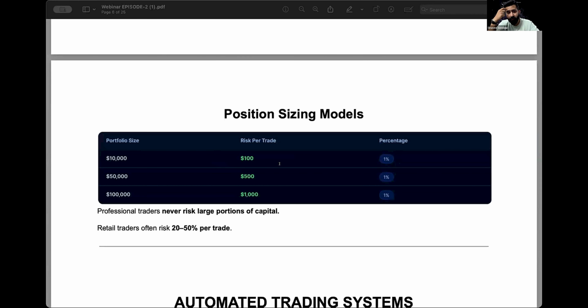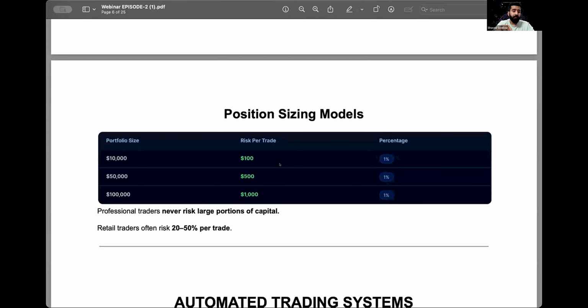Same story if we take two traders, trader one with a retail trading strategy, trader two with a professional trading strategy. Trader A trades with intuition, trader B trades with an algo, a structured executed system. Trader A risks 50% per trade, and trader B risks 1% per trade. After five consecutive losing trades, trader A gets their account destroyed. But trader B is still operating normally because he or she did not risk more than 1%.